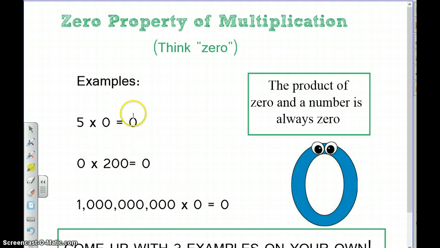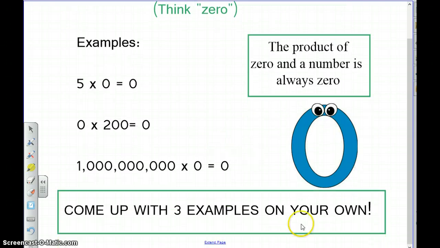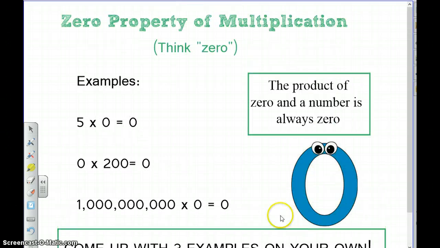So that's why it's always 0. You have none of them. Okay? So again, these are some examples, but any number times 0 is 0. You have no groups of that number. Alrighty? So again, I want you to come up with 3 examples on your own using the 0 property. Maybe you can come up with a big number like mine right here in the billions. I might have said millions before, but this is actually 1 billion.